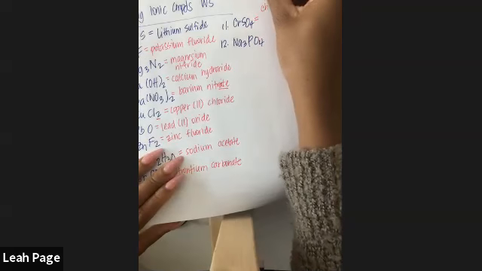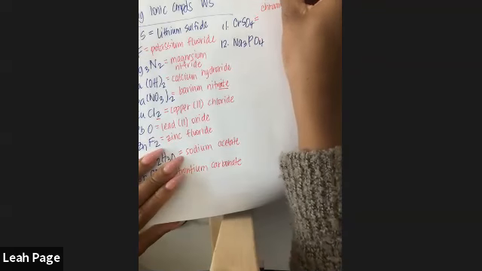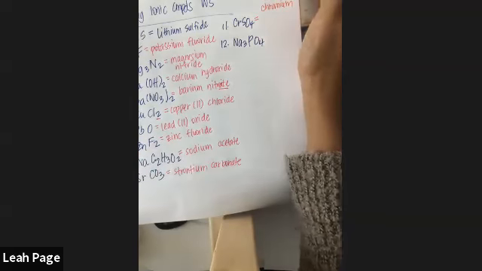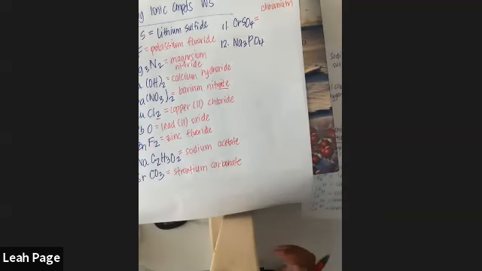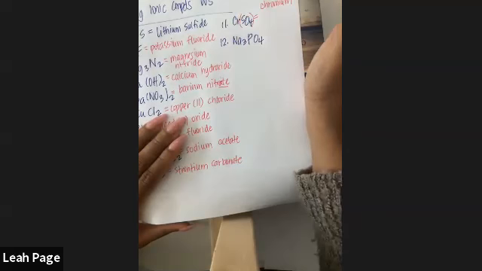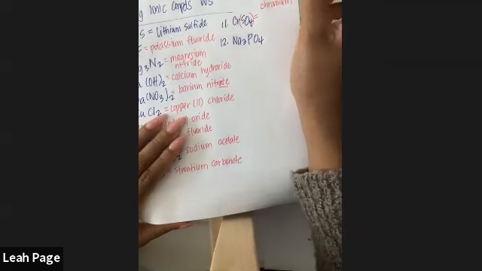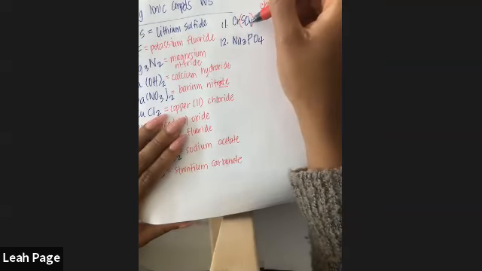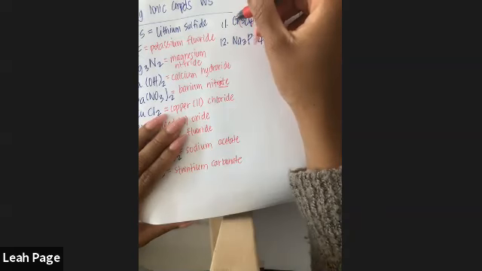Chromium 2 sulfate. Chromium 4 sulfate, I think. Oh, chromium 4. Oops. Wait. No. You guys, you were right. It's chromium 2. Remember, SO4 is technically just the formula for sulfate. Oh, okay. Thank God. So don't look at that 4 and assume that it's chromium 4.